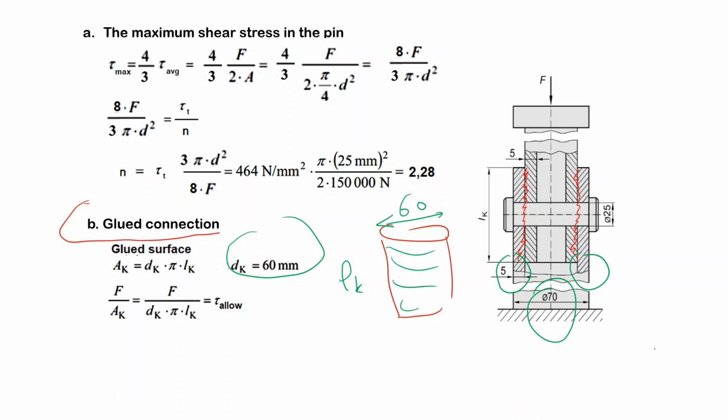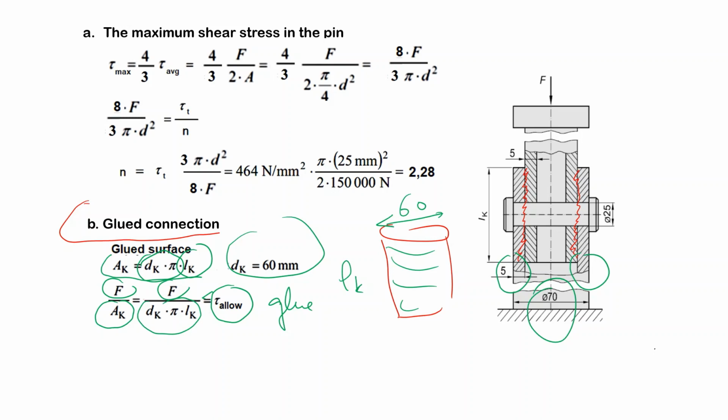So the glued surface is dk times pi times LK, and the force divided by this area, which is the average stress, should be less or equal to the allowed shear strength of the glue.